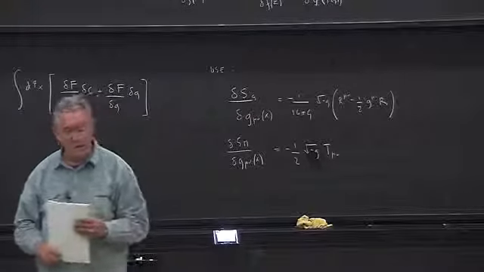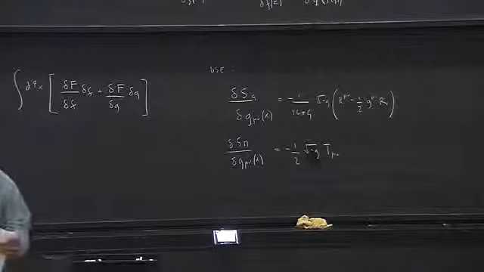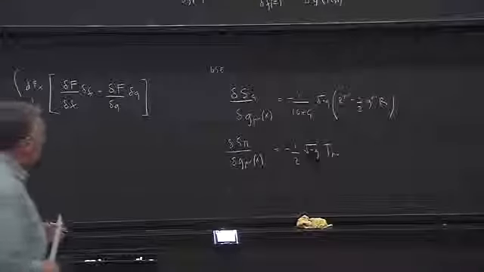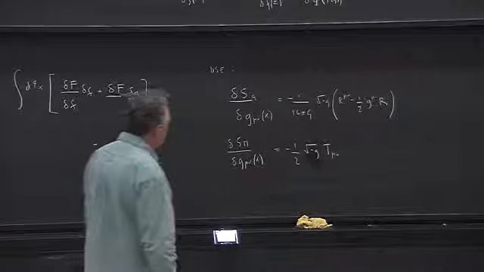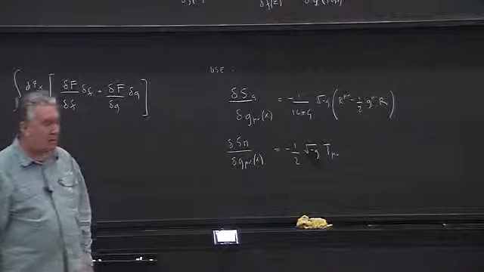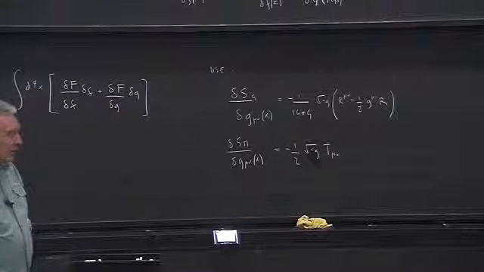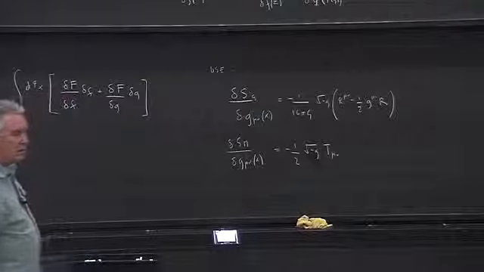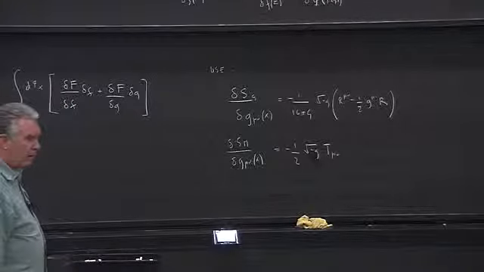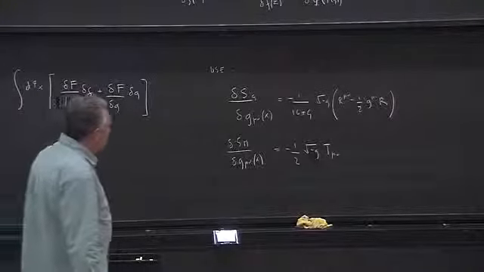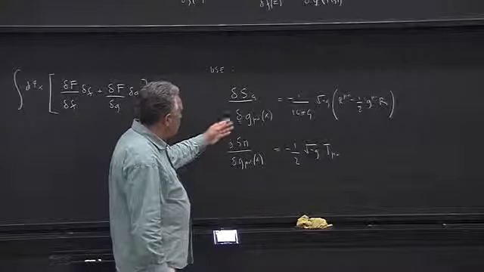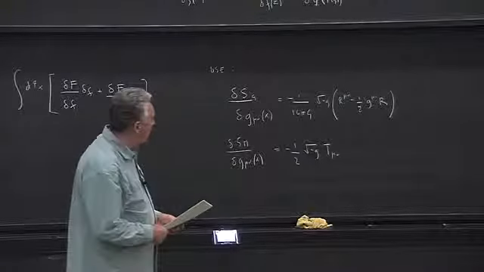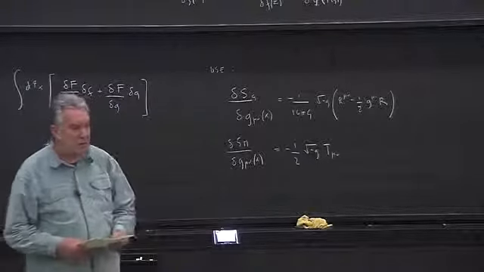So we can neatly summarize the energy momentum tensor as the functional derivative of the matter action with respect to the metric. In fact, we can even define the energy momentum tensor that way. And the Einstein equations are just given by putting the functional derivative of the total action equal to 0.